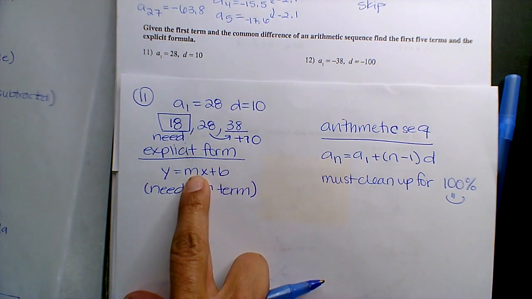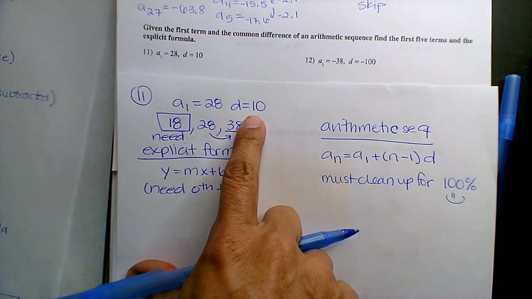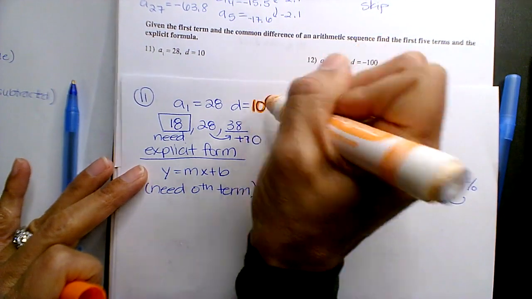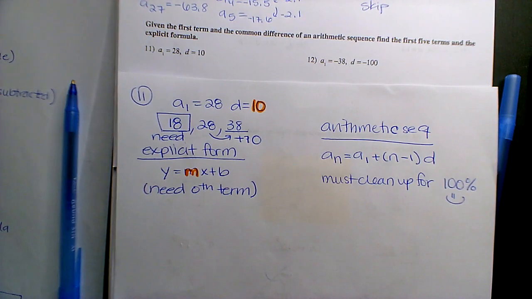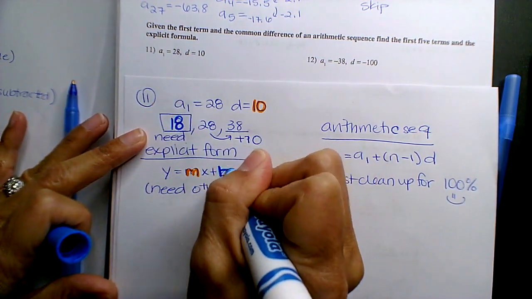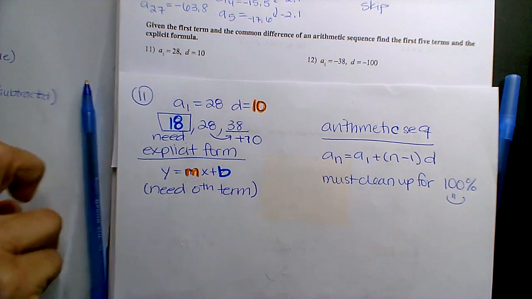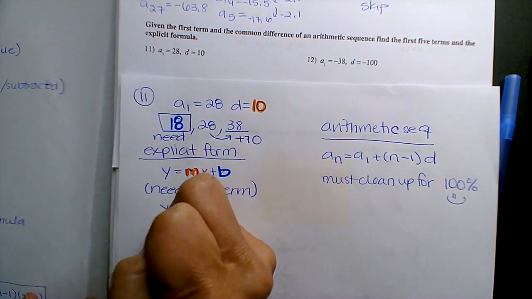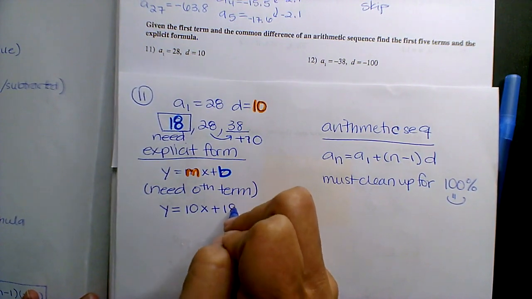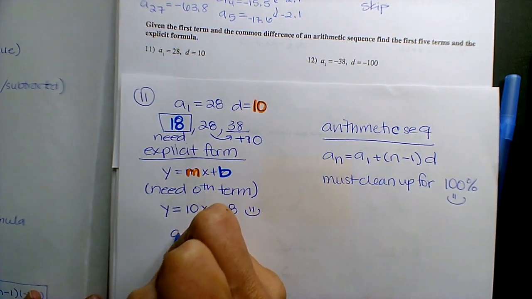So then the slope is that common difference. This 10 is that common difference. And then, what did I use? Orange, so we'll go blue. And this 18 is your b. And so if you were to give me y equals 10x plus 18, it's good, but we don't want that.